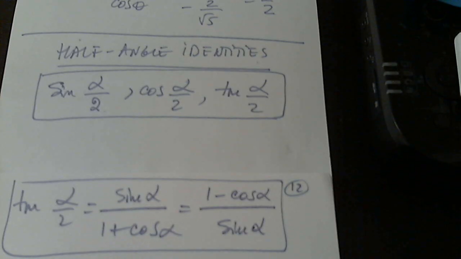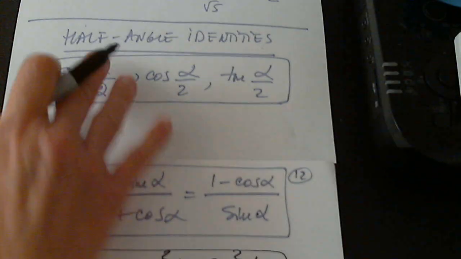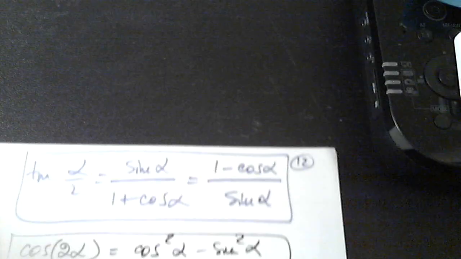Now remember that we had cosine twice alpha as being cosine squared alpha minus sine squared alpha. Also, the second option, 1 minus 2 sine squared alpha, or 2 cosine squared alpha minus 1.